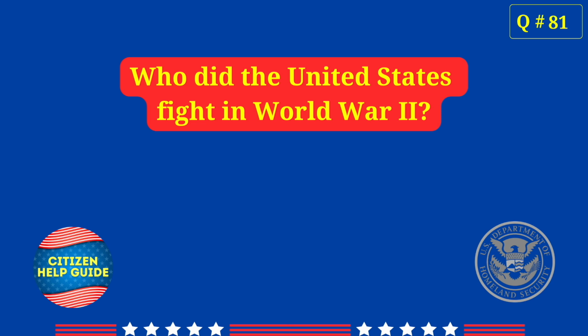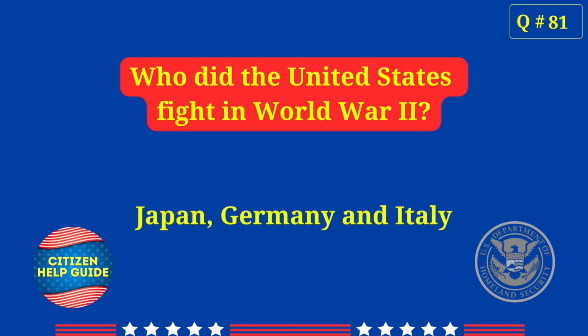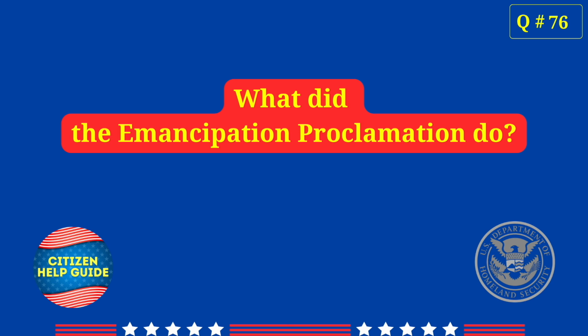Who did the United States fight in World War II? Japan, Germany, and Italy. What did the Emancipation Proclamation do?